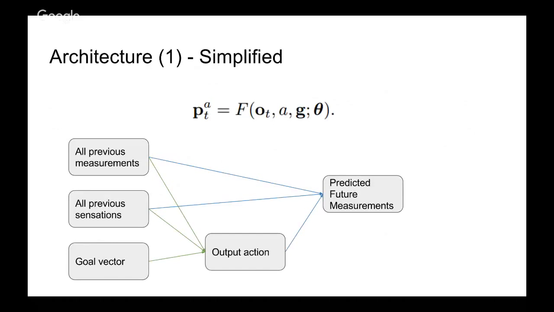That would be all the previous sensations. In the notation here, measurements are like the health and ammo and stuff. But anyway, it takes both all the previous measurements and all the previous sensations, as well as the goal vector, and it produces an output action. And then all of those things, except for the goal vector, are used to predict the future measurements.